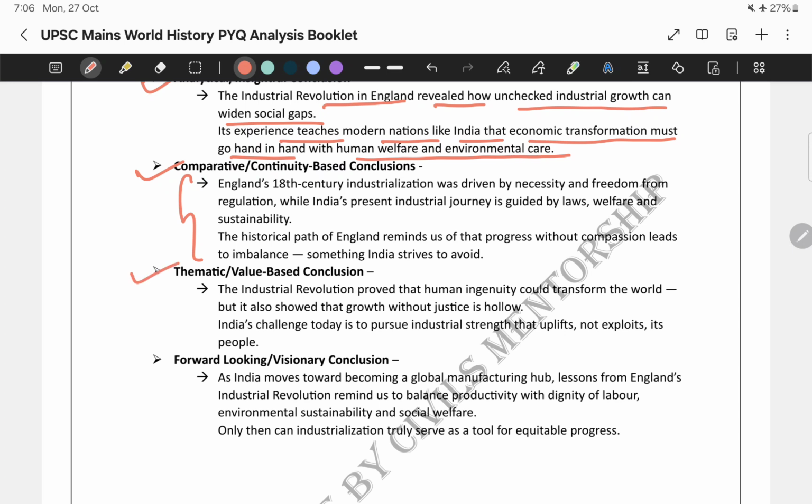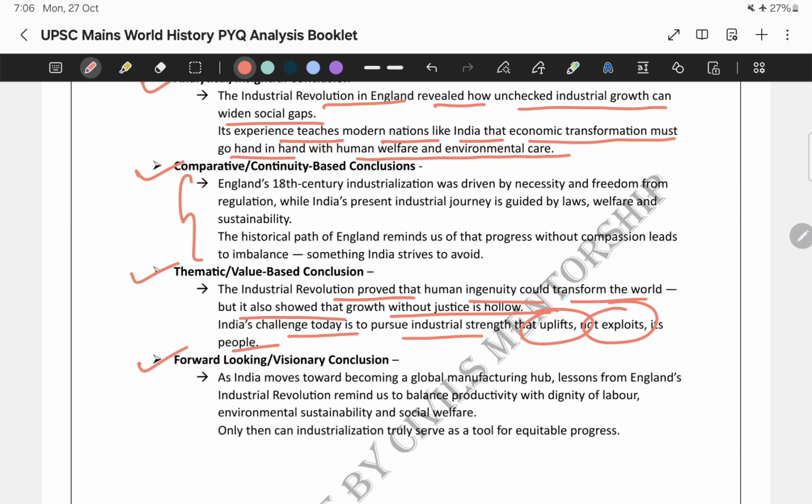Fourth is the thematic or value-based conclusion. How can you write it? The Industrial Revolution proved that human ingenuity could transform the world. But it also showed that growth without justice is hollow. India's challenge today is to pursue industrial strength that uplifts, not exploits, its people.